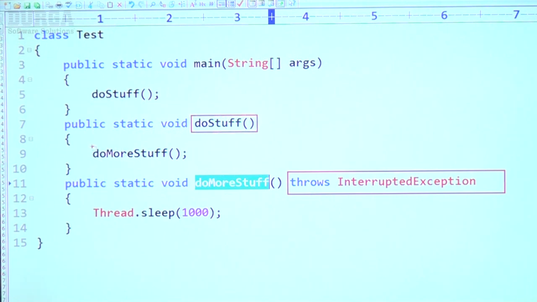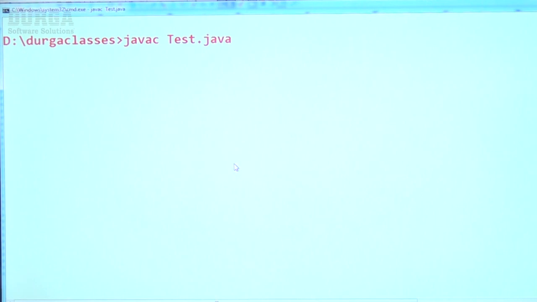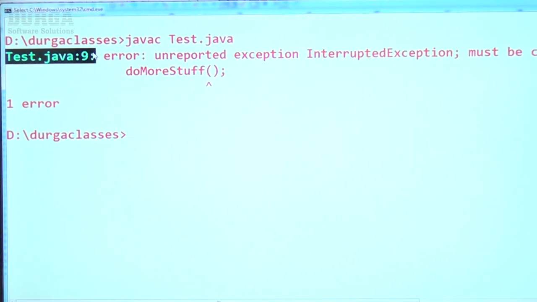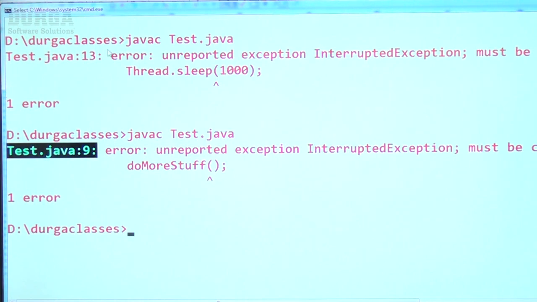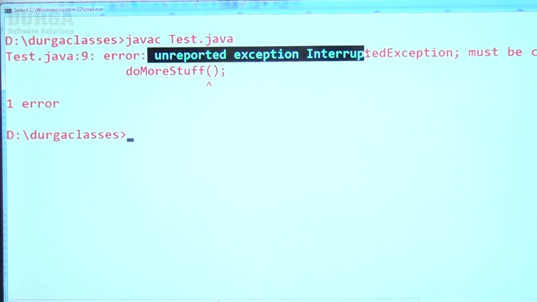Now the problem is coming at line number 9. At this line the problem is going to come. Are you seeing line number 9 instead of line number 13? Earlier it was line number 13, but now it is line number 9, unreported exception.